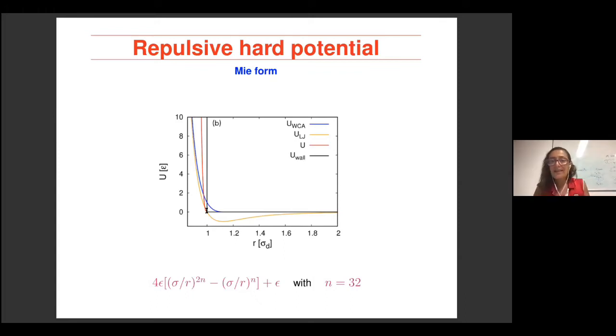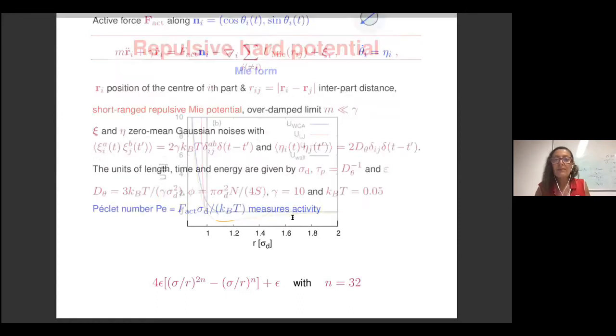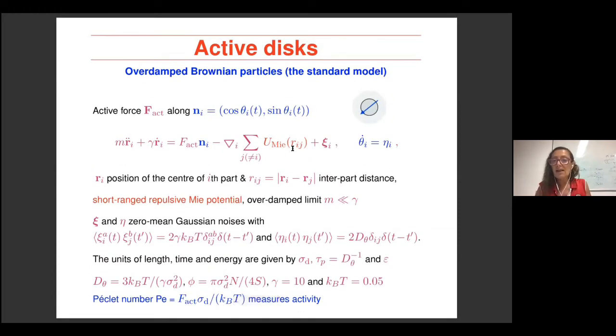So the conclusion of this curve is that we are working with very hard spheres, choosing this WCA with n very large, and this is what is called the Mie potential. So this is what comes in here to describe the interactions between the particles that don't want to go on top of each other.